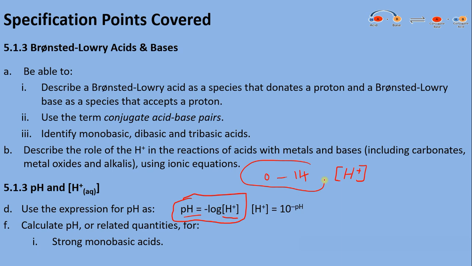The reverse also works: you can get the hydrogen ion concentration from the pH by doing 10 to the power negative pH.